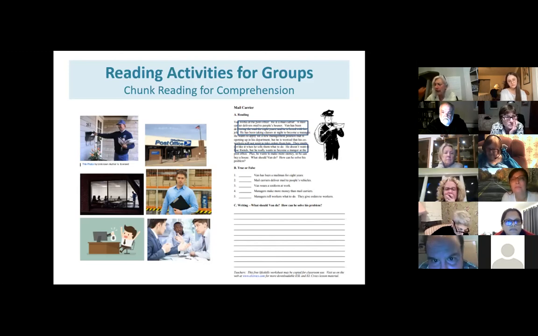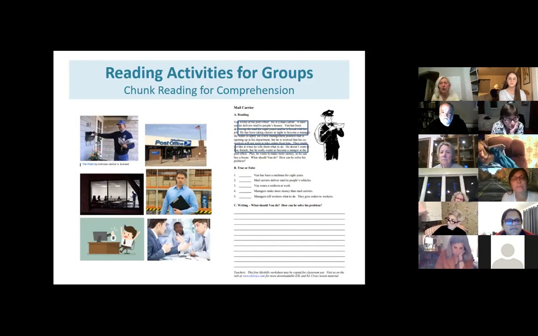What I'm trying right now with my students is connecting the words in the story with pictures. So they would read a passage and then have to decide which picture goes with that passage. Or the other thing that you can do is start with the picture and then have the students go and read the story and see if they can figure out which part of the story goes with the pictures.